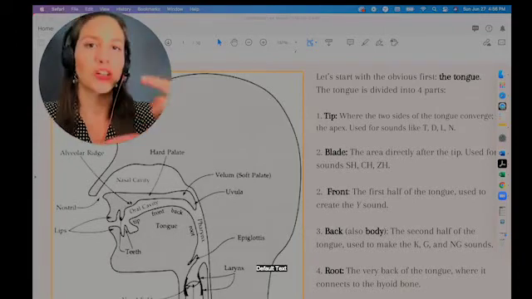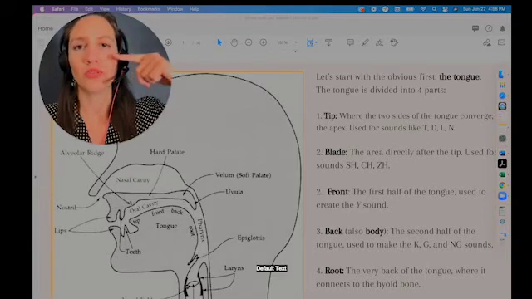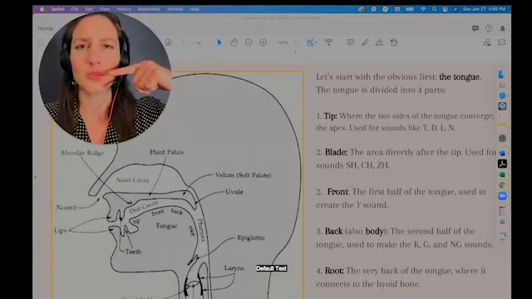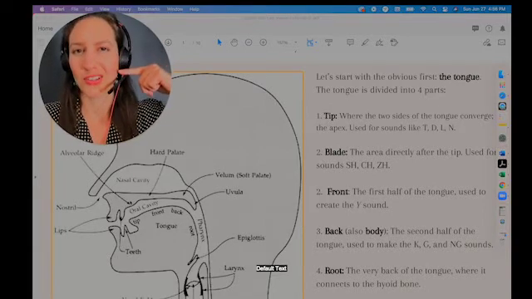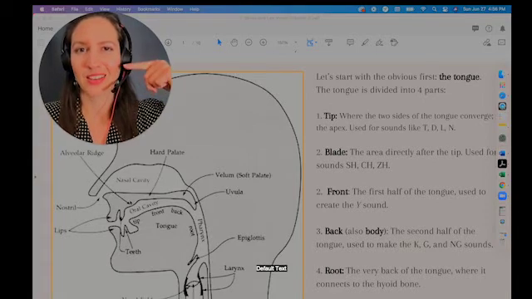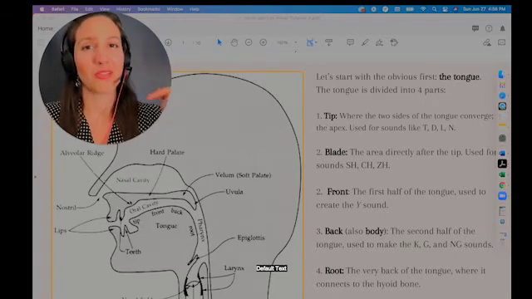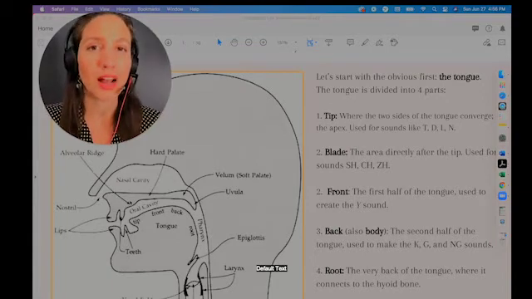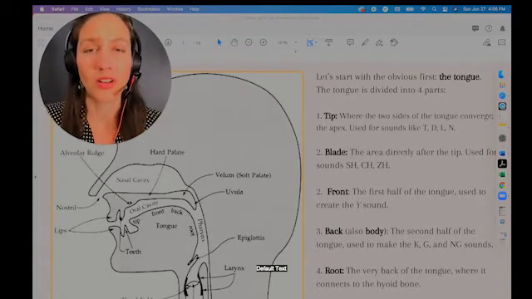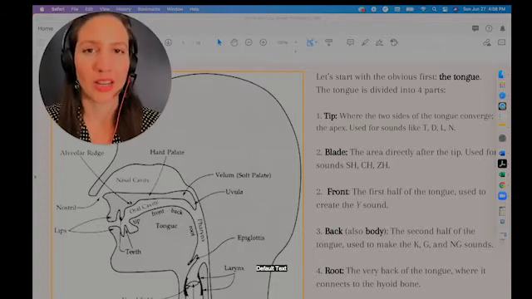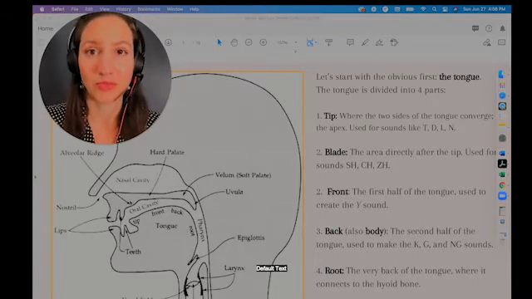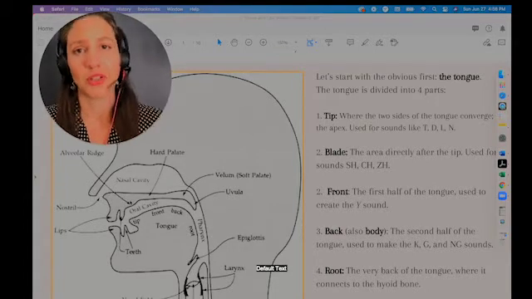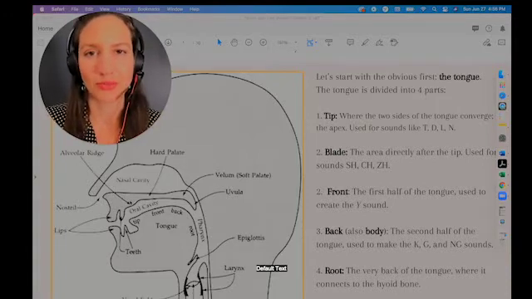You can run your tongue along the roof of your mouth and notice when it goes from hard to soft. So at the very back of your mouth, you're at the soft palate. The hard palate is immobile, meaning it cannot move, and the soft palate can move. It lifts upward to allow food to pass through to the throat.